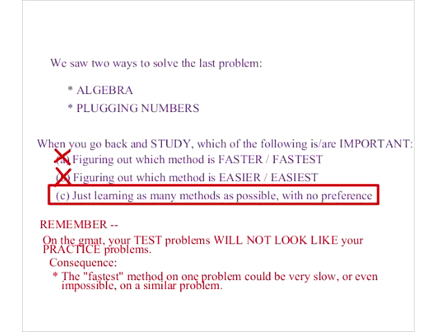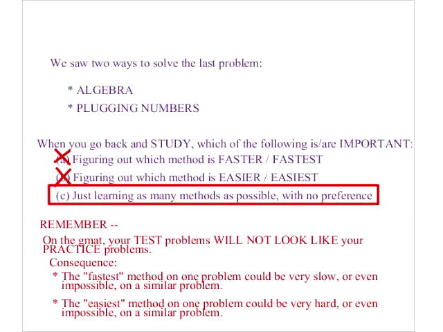Also, the easiest method on one problem could be very hard or even impossible on a similar problem, because the problems will not resemble each other. So also to the person who wrote that easy and fast are the same thing, absolutely false. In fact, most fast ways of solving problems are fast because they are a little bit more elegant and more advanced, whereas the easy ways to do problems are very often things that take much longer.